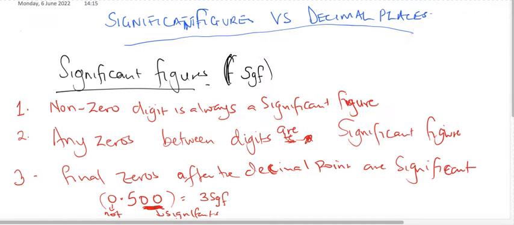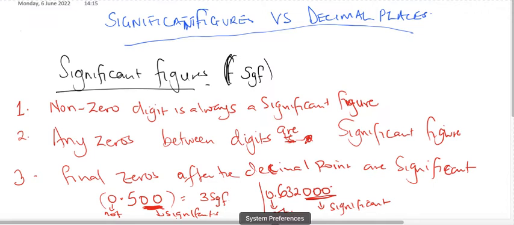Another example could be 0.632000. Now these are counted as significant figures. You understand? But this is not. So the final zeros after the dot are significant.